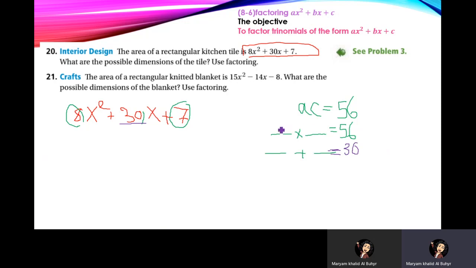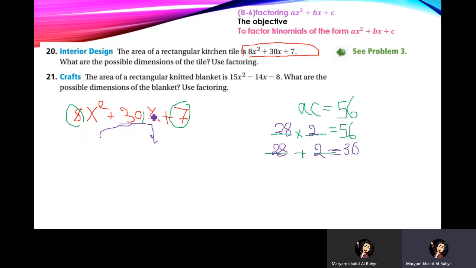You can just think about many numbers and try them. For me, I tried 28 times 2. So 28 times 2 will give me 56, and 28 plus 2 will give me 30.